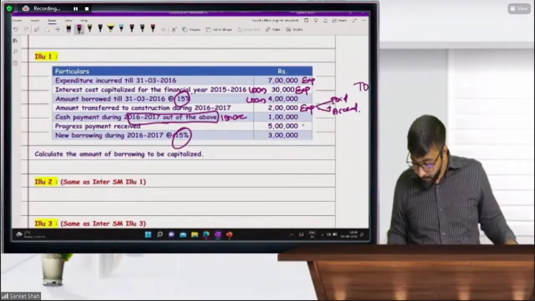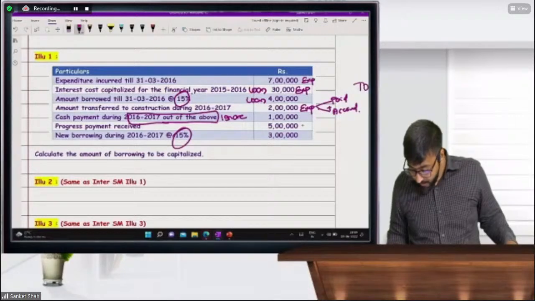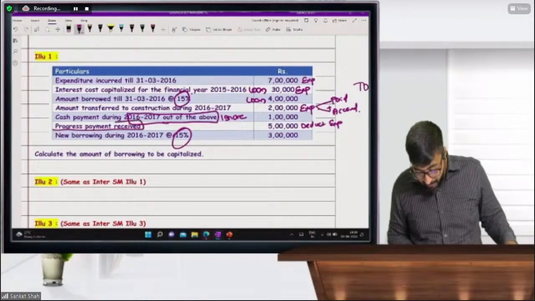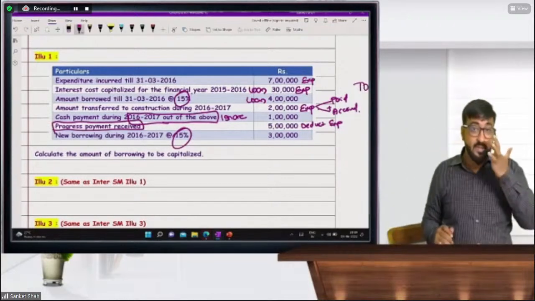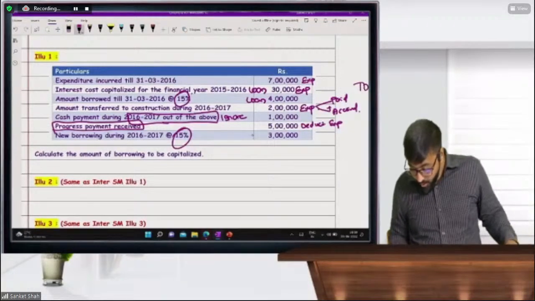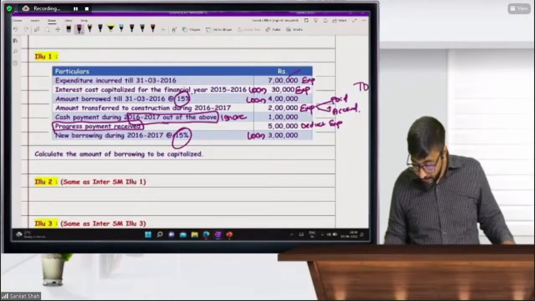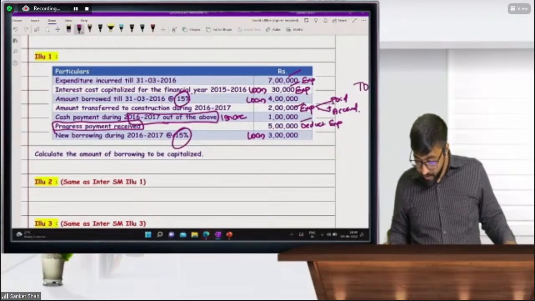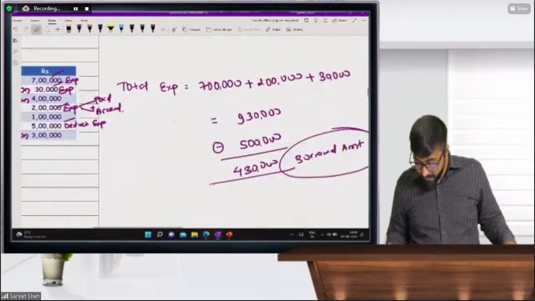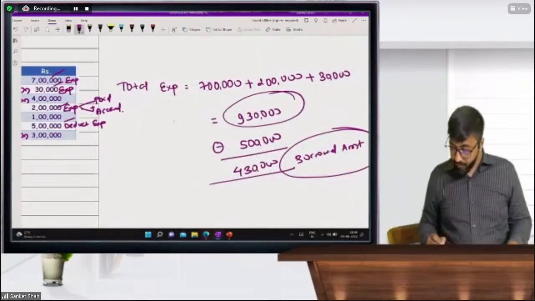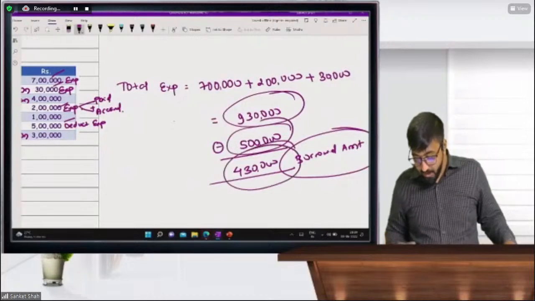Okay. 5 lakhs we received as payment. So beta, we will deduct it from expenditure. So this is a new concept. Progress payment received, what you have to do? This is deducted from expenditure. And new borrowing is your loan. So now I will take total expenditure 7 lakh plus 30,000 plus 2 lakhs minus 5 lakhs. So my expenditure is 9 lakh 30,000 minus 5 lakhs. So my expenditure is 4 lakh 30,000.